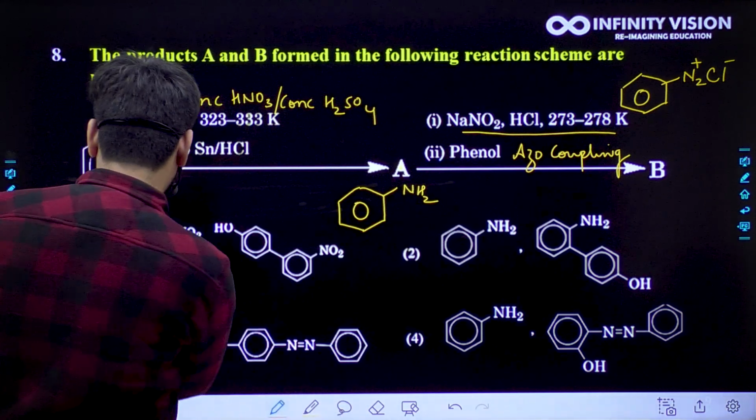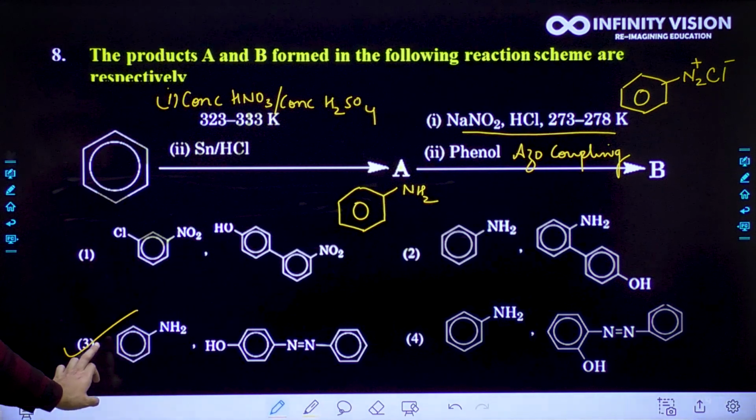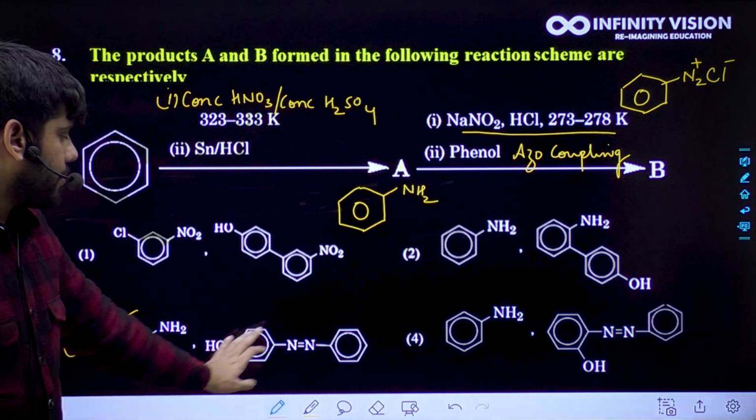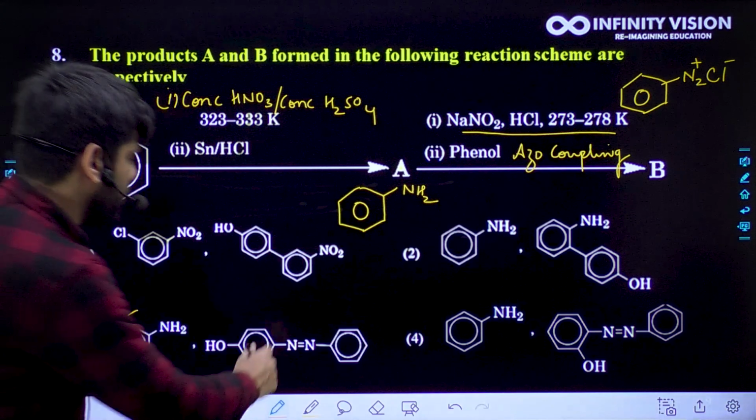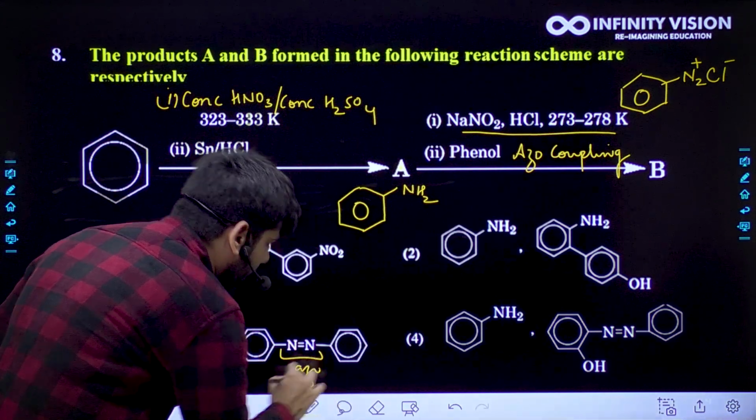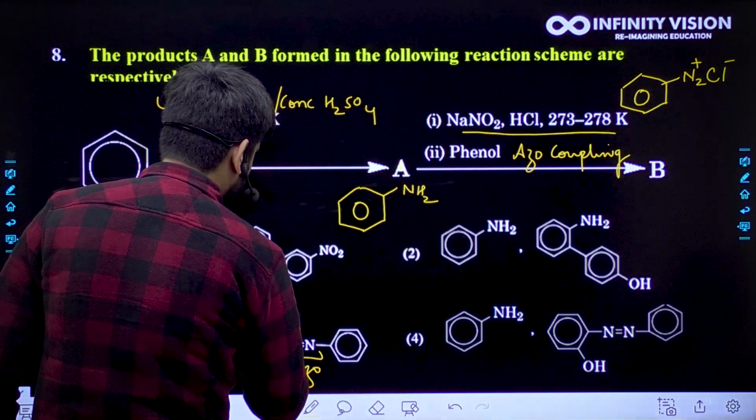So this is the right answer. We get aniline in the A part and para-hydroxyazobenzene here. We know that this is your azo group, and this is your orange colored dye.